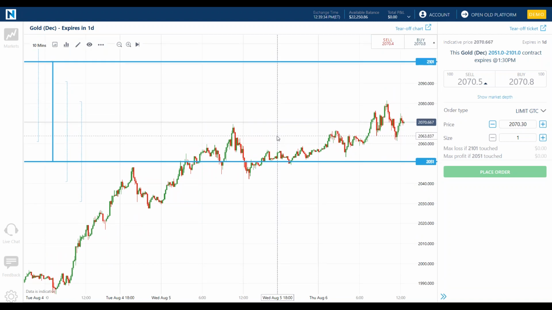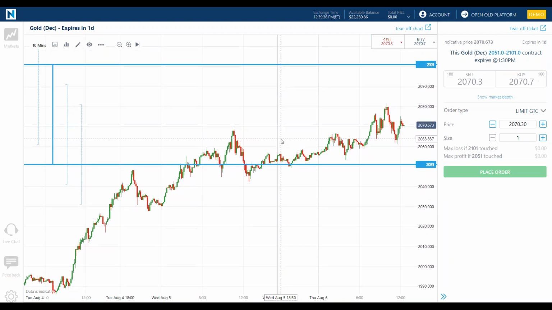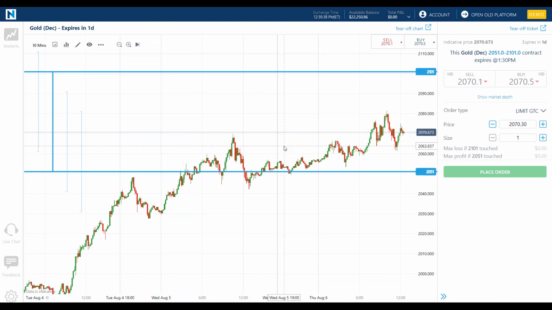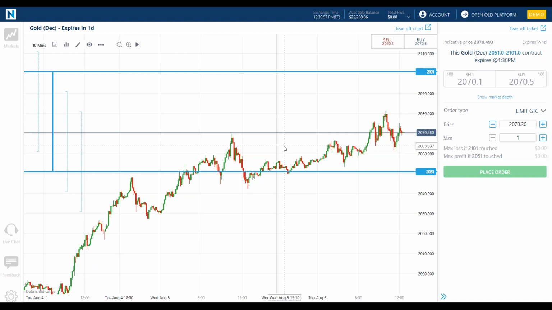Gold's been on a rampage, and if you're curious why gold's been doing this, it has been a flight to quality. Governments around the world printing more money, people sitting on cash, not getting any interest on their cash, so they're looking to put it into some type of asset that they feel might hold value going forward as currencies get devalued.